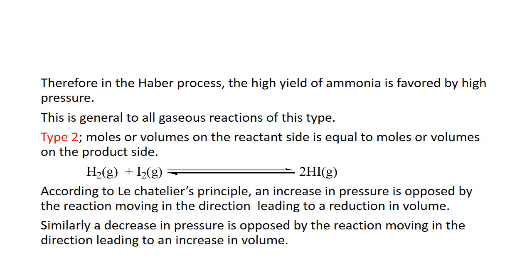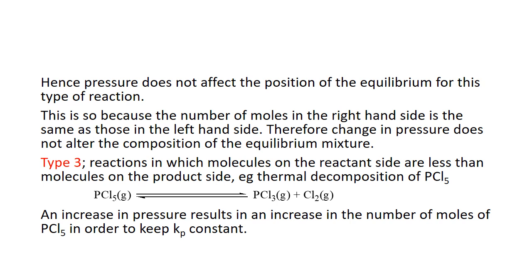When we increase pressure, there will be no change because we don't have any significant change in moles. Similarly, when we decrease pressure, we have no significant direction to take because we have an equal number of moles on both the reactant and the product side. That means for type 2, we do not have any shift in the position of equilibrium. Therefore, pressure in this case does not affect anything.